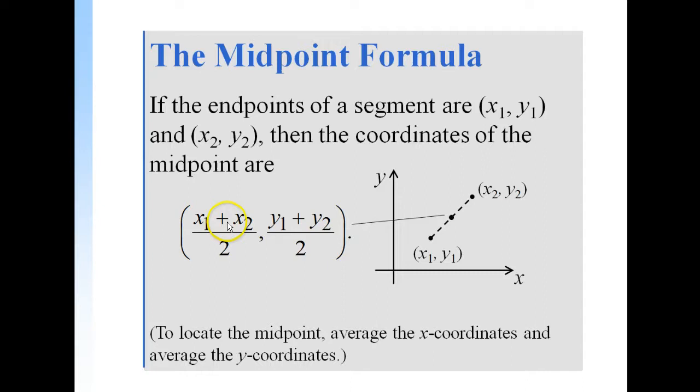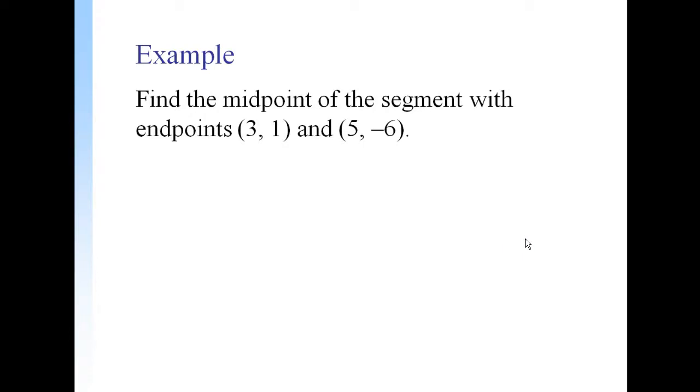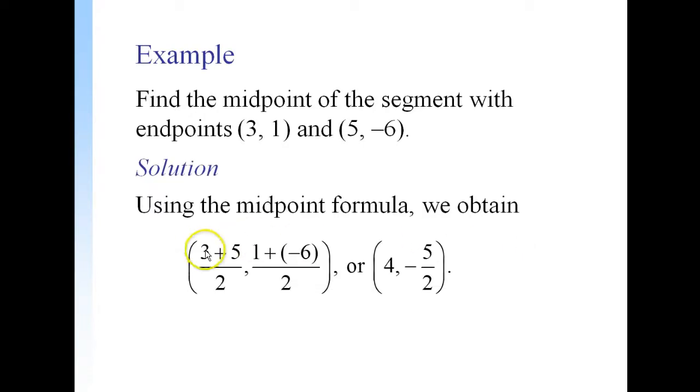That is, we add both of our x coordinates and divide by 2, both of our y coordinates and divide by 2. This is the midpoint formula that will give us that. And we want to find that. Again, it's just putting them into the formula. Adding together, this is 8 divided by 2 is 4. This is 5, negative 5 divided by 2. It's that. And that wraps this up.